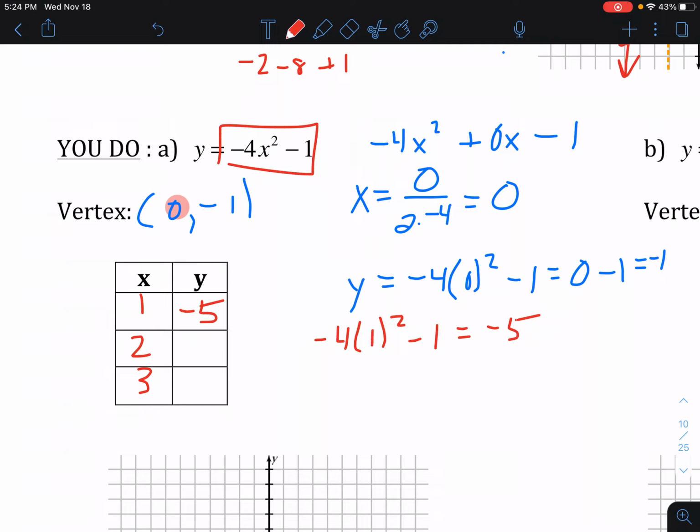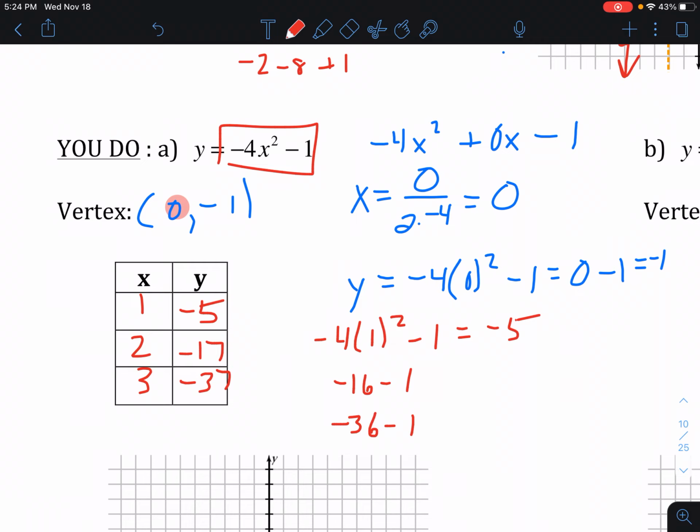The second one, when I plug 2 in, would be 4, -16 minus 1, -17. And then 3 plugging in, 9, -36 minus 1, -37.